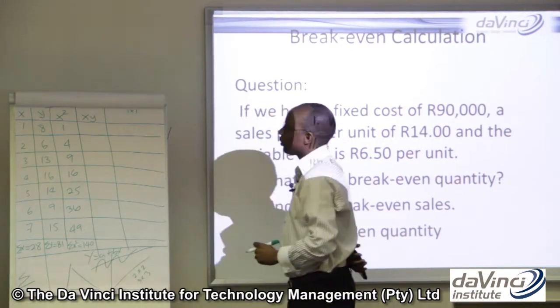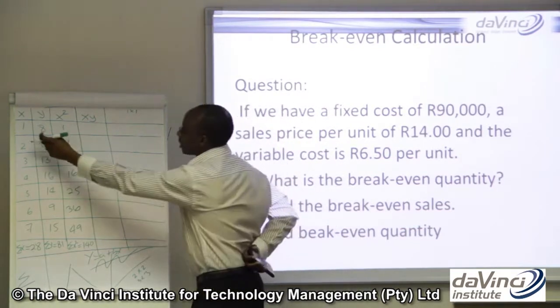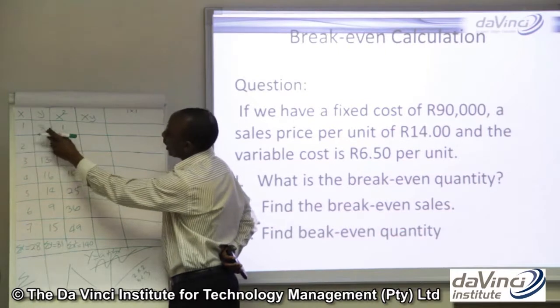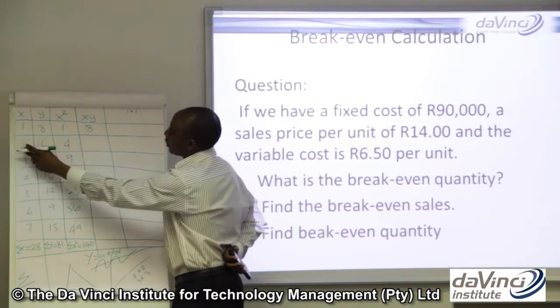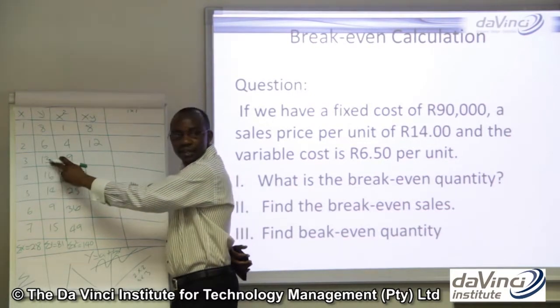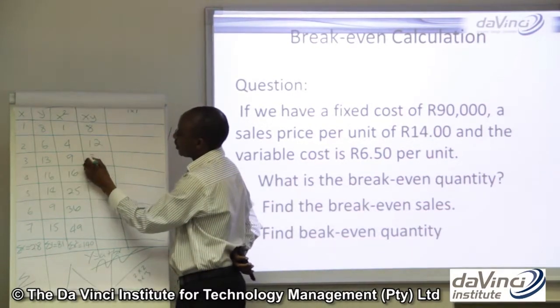Okay. Now we do xy. So we multiply the value of x by the value of y. The first one becomes 1 by 8. The second one becomes 2 by 6. The third one becomes 3 by 13, that gives you 39.